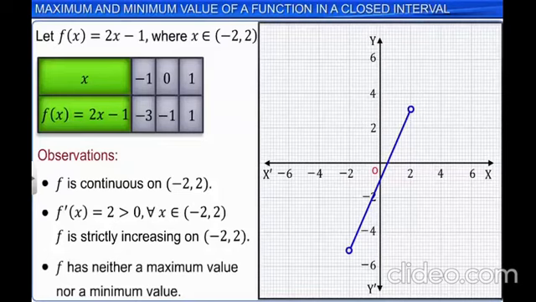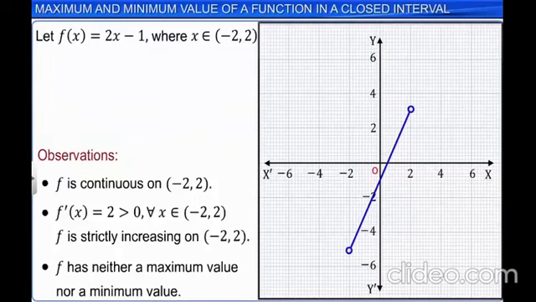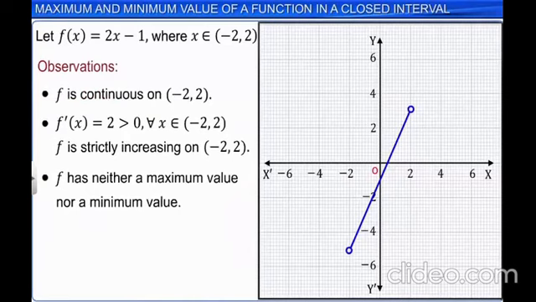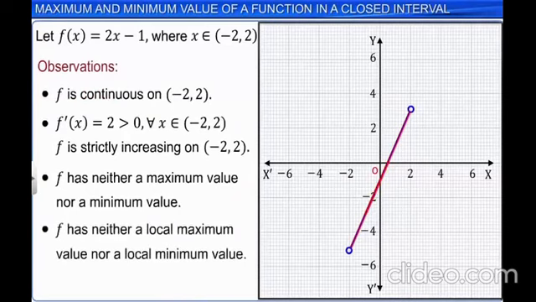This means f is not defined at the end points of the interval. Therefore, f has neither a maximum value nor a minimum value. Also, there are no turning points in the graph. So f has neither a local maximum value nor a local minimum value.